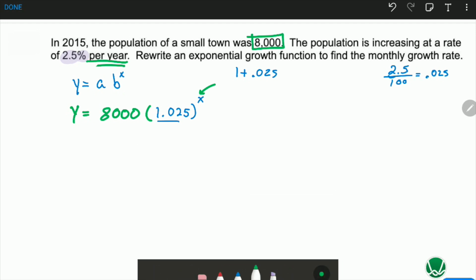We have to balance it out. So we're going to use a trick that we did when we were rationalizing the denominator, when we multiply by the conjugate and stuff. And we're going to change our exponent to be 12 over 12 times x.